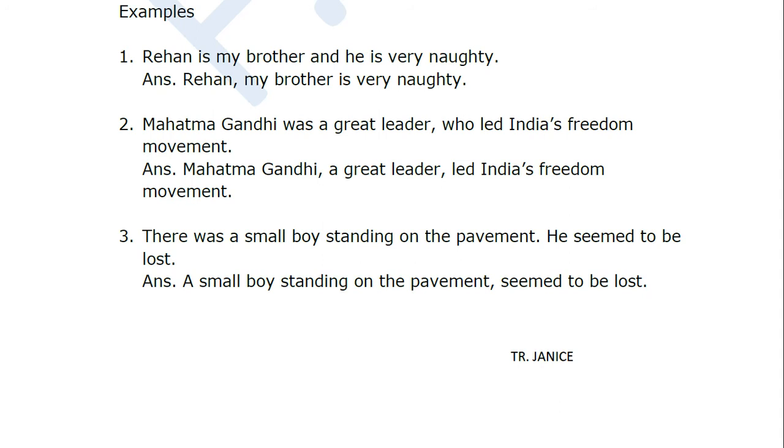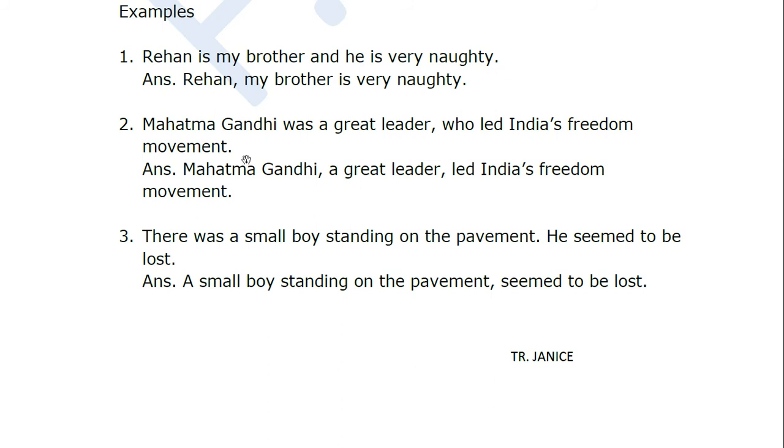Now when you are talking of the same person, or the same person is doing two actions, that time you can just write this name only once. So Rehan, and then put a comma. Remember whom you are talking about, Rehan. Then put a comma. Then my brother, and you remove the and, is very naughty. So one is went, only one is remained. So if you look at your sentence now: Rehan, comma, don't forget the comma, my brother is very naughty.